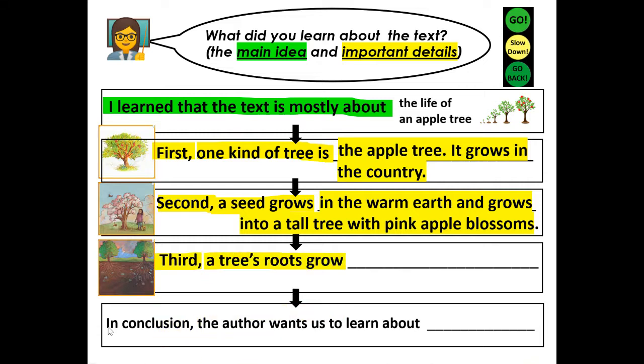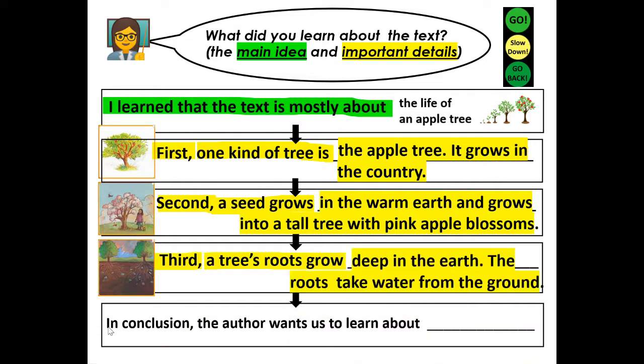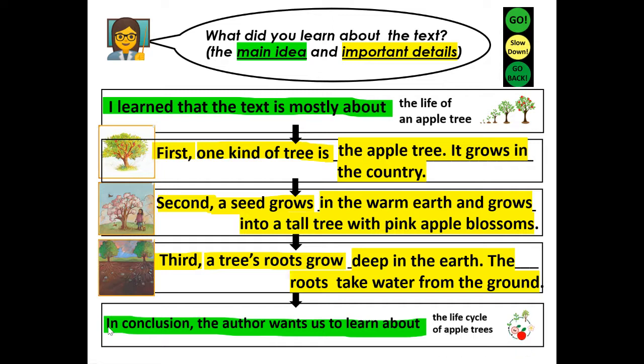Third, a tree's roots grow deep in the earth. The roots take water from the ground. In conclusion, the author wants us to learn about the life cycle of apple trees.